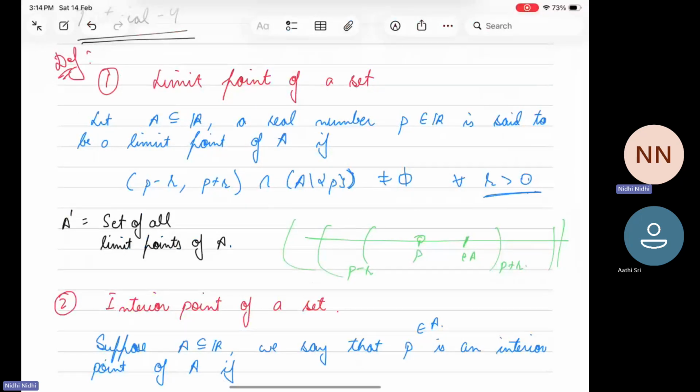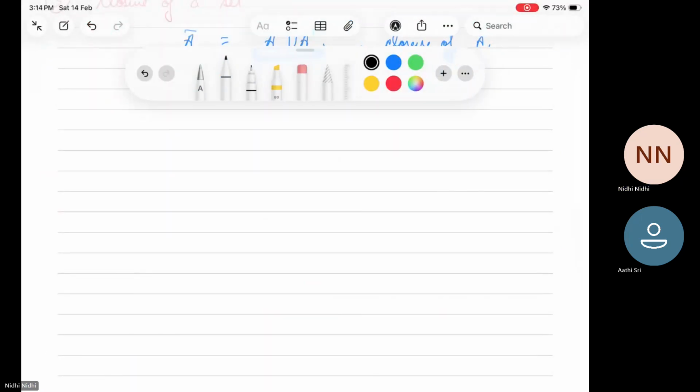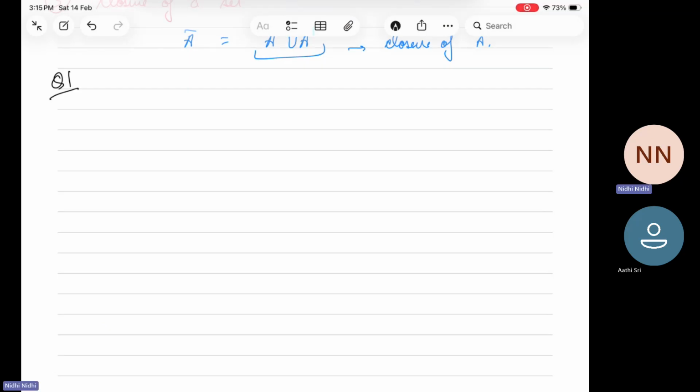Okay, let's move to next first question. Question number 1. State whether true or false.